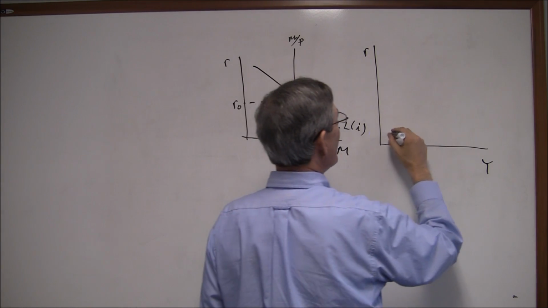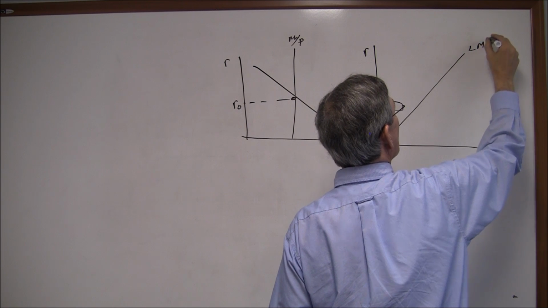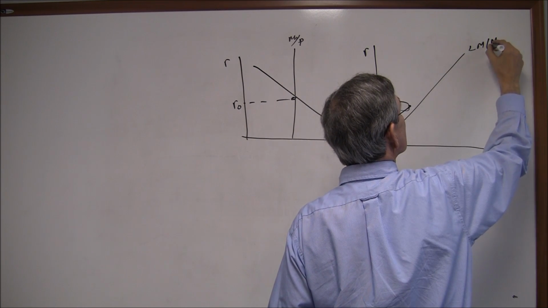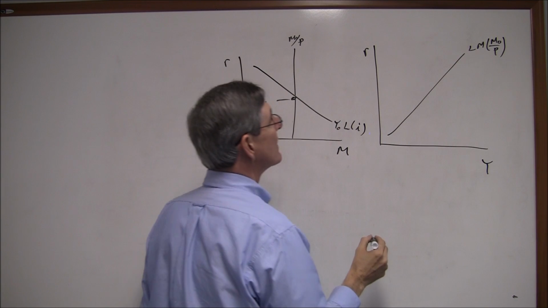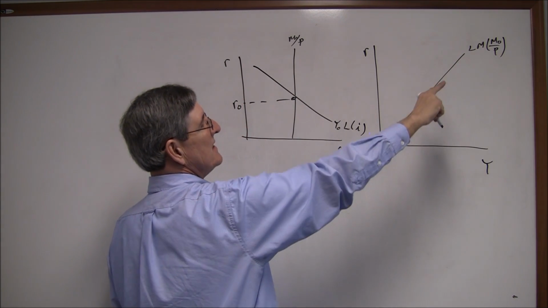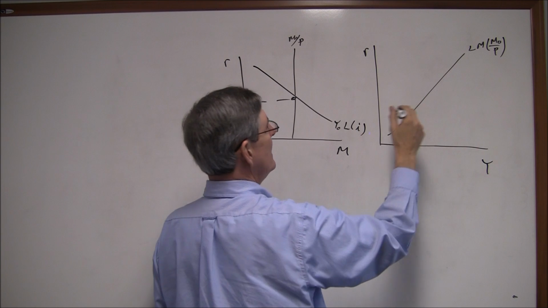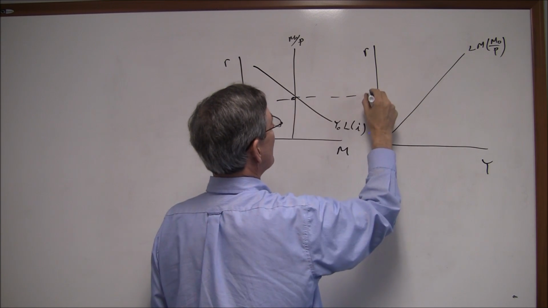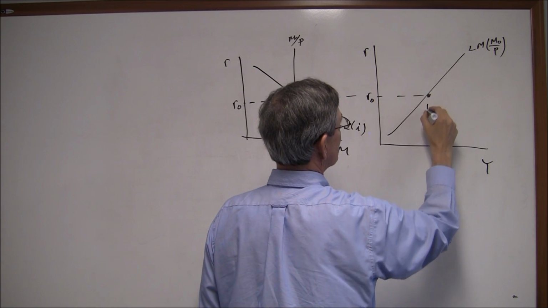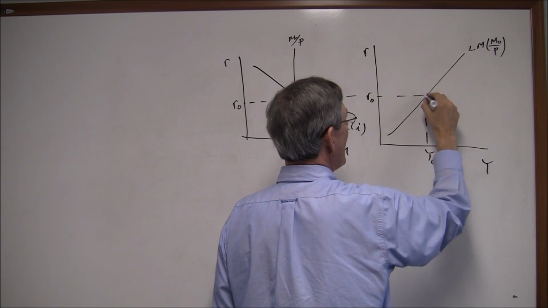Now let's assume the LM curve has already been derived. Its position is going to depend upon M over P. And let's find the point we're at, R0, Y0. So we're at that point.